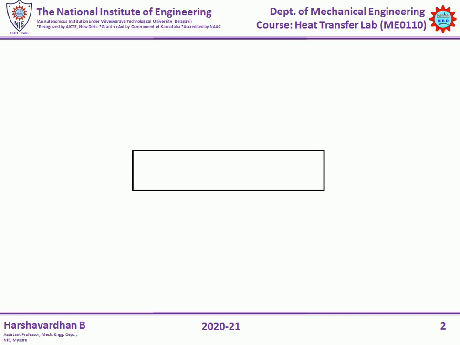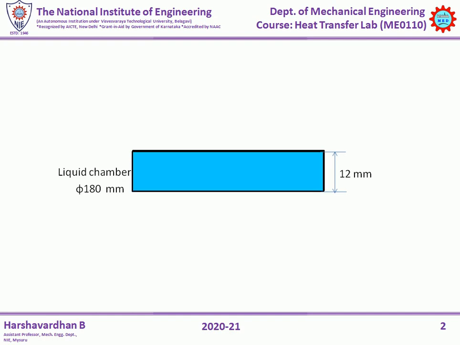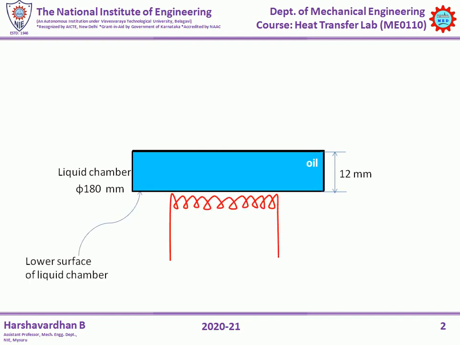In this experimental setup, there will be a liquid chamber of diameter 180 mm and height of 12 mm. This liquid chamber will be filled with the oil whose thermal conductivity has to be determined. The lower surface of the liquid chamber will be brought in contact with the electrical heater.